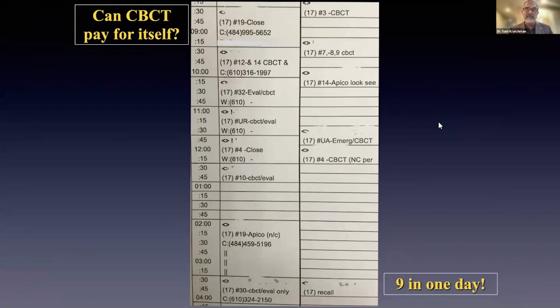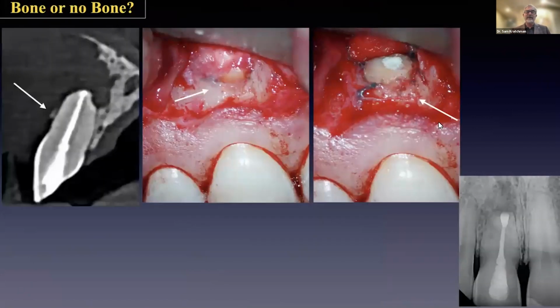If it does, then we'll reimburse. So this is a day that I did 9 cone beams mixed in with all my regular cases. And do the math. It can pay off, but it can pay for itself, if you would.